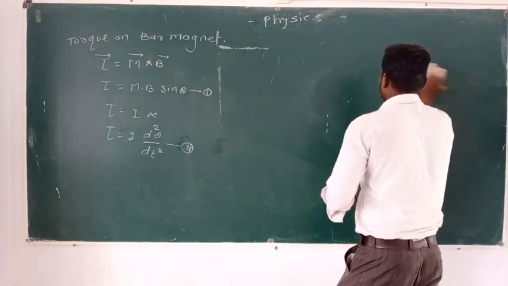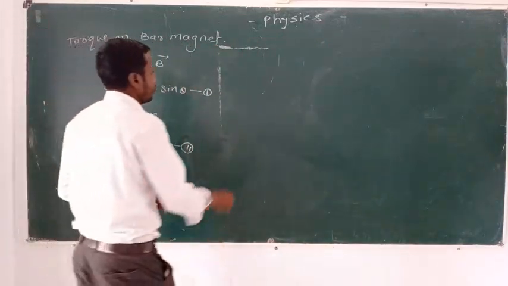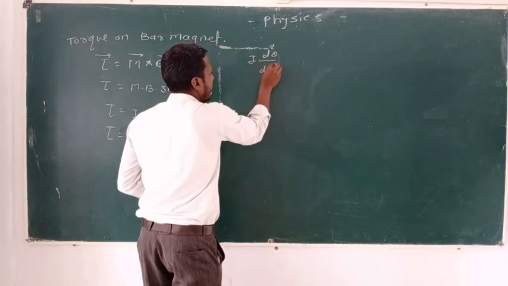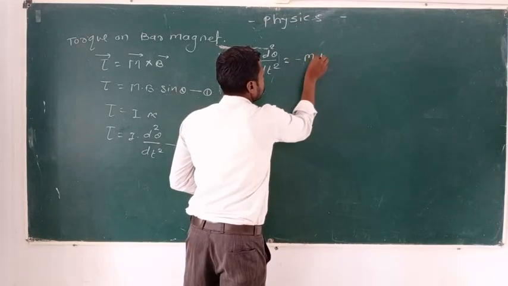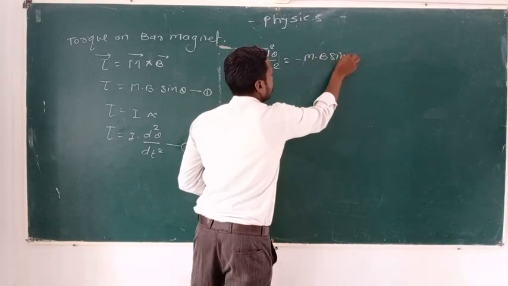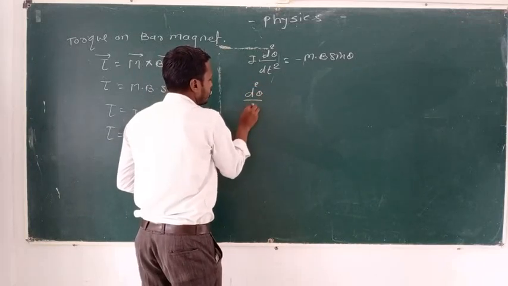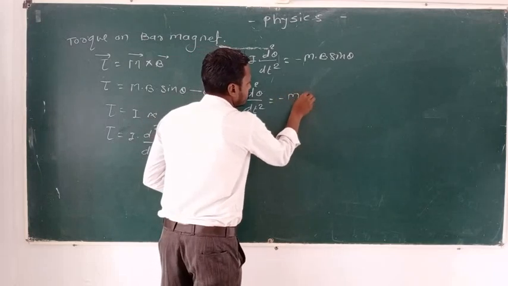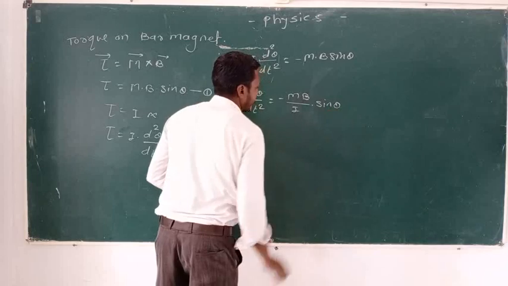Then from equation first and second, d2 theta by dt square is equal to minus mb sin theta. Now I can write d2 theta by dt square is equal to minus mb divided by I into sin theta.